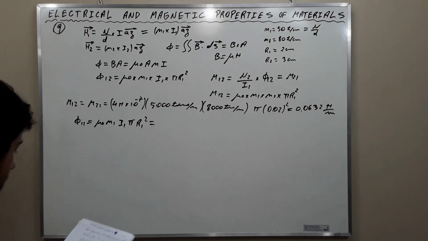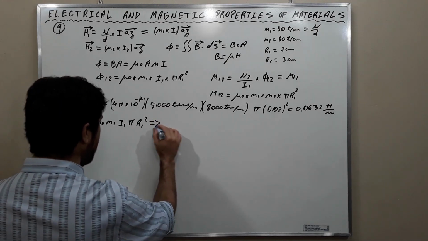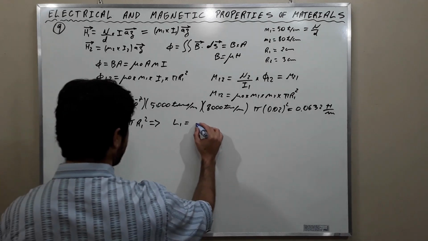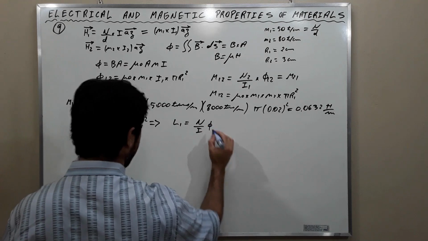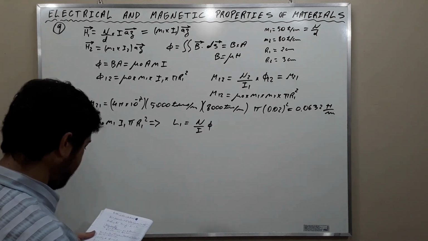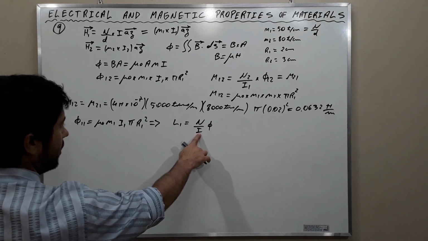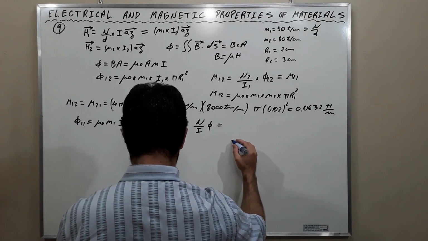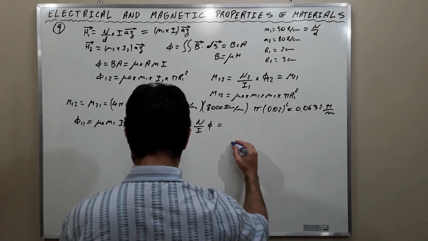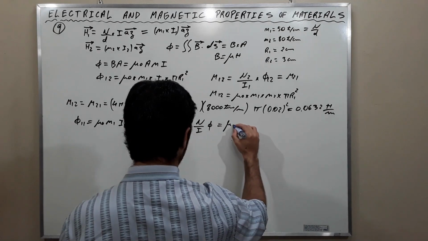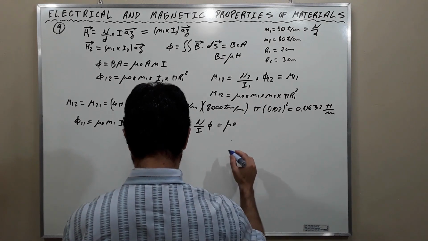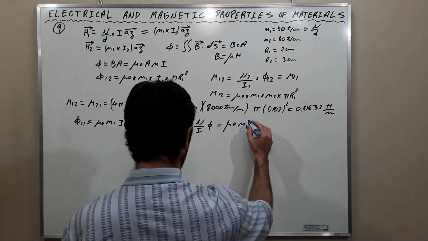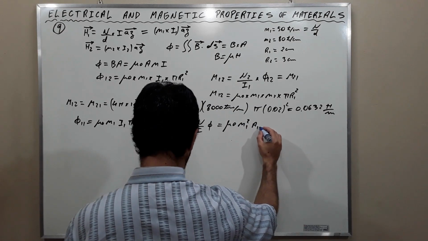And since the inductance is related to the flux in this fashion here, we simply multiply this by this, and we find that it is mu 0 N1 squared A1 D.